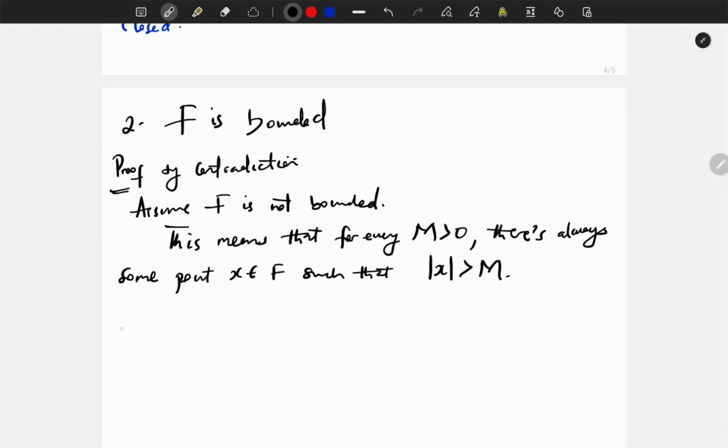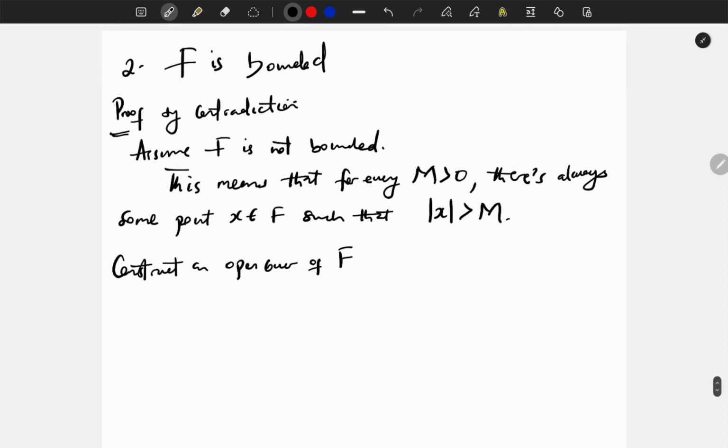So let's construct an open cover, and see if we can find a finite cover that will actually cover our f, including the point x.